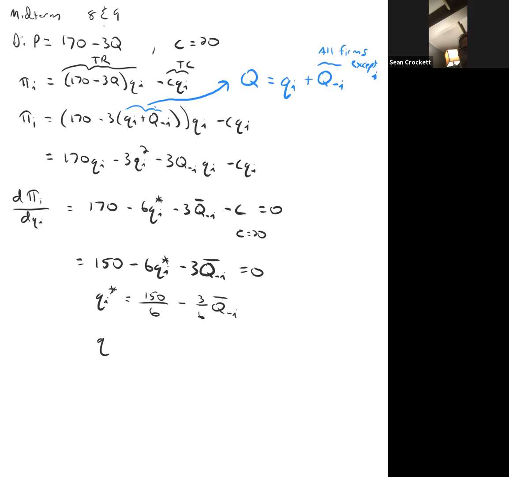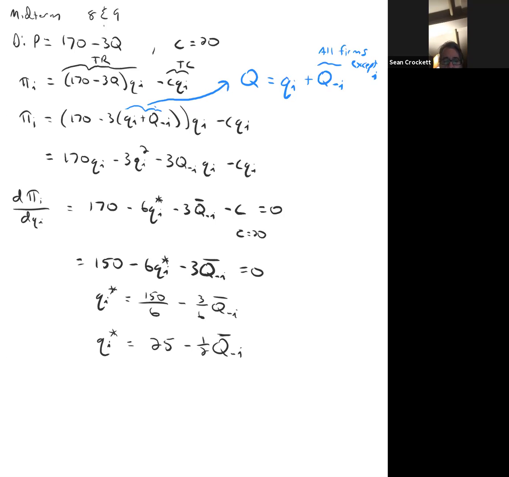And so qi star equals 150 divided by 6, which is 25. That looks better. 25 minus 1/2 q minus I bar.